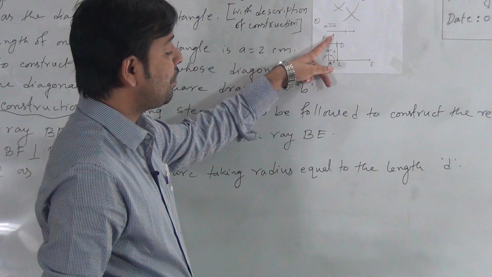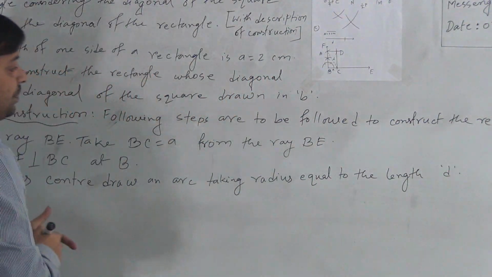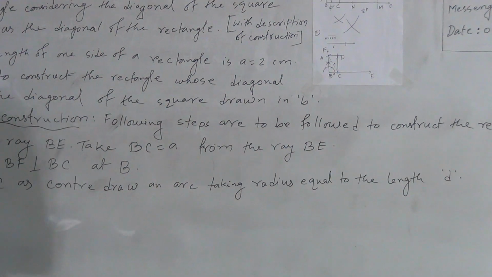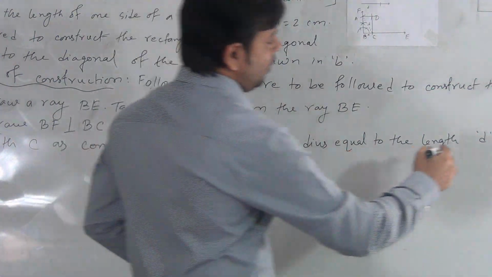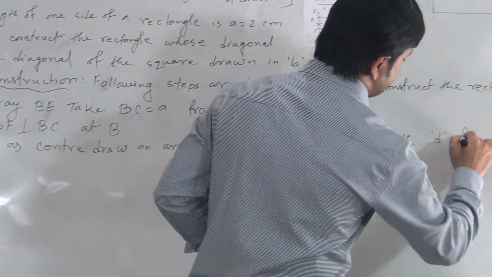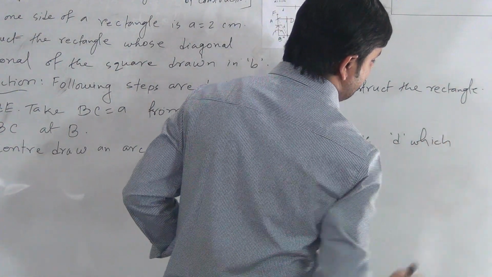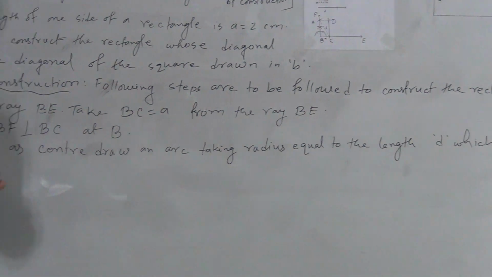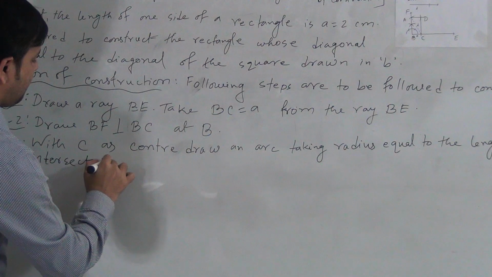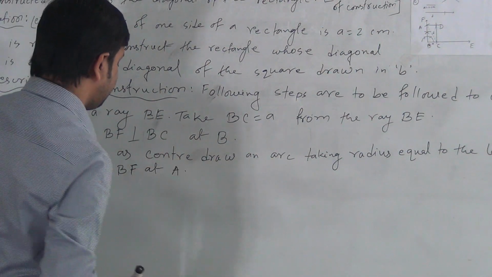I have taken from B, the length D. Okay. Now we can write which intersects BF at A.